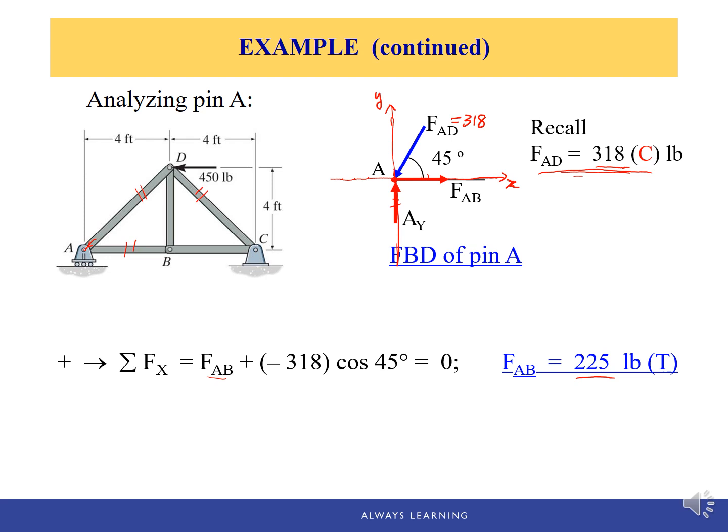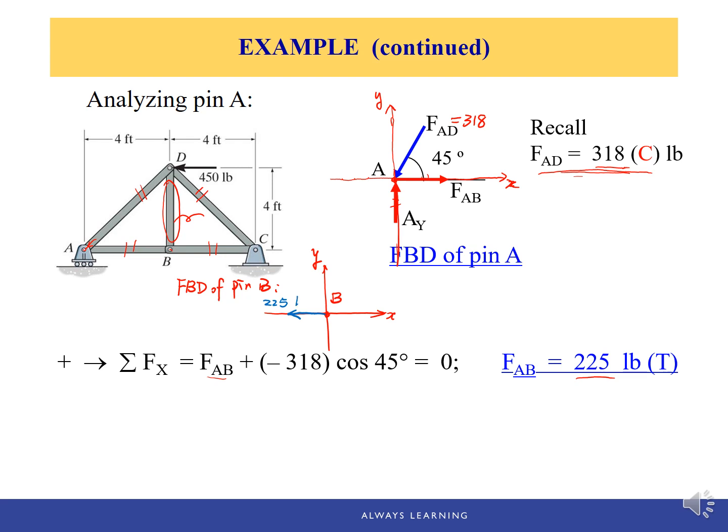FBC actually equals FAB because we can use the equilibrium of pin B. Let me draw a better one, the free body diagram of pin B, X, Y, and B. Now we know FAB is tension, so we'll pull away from the pin B.